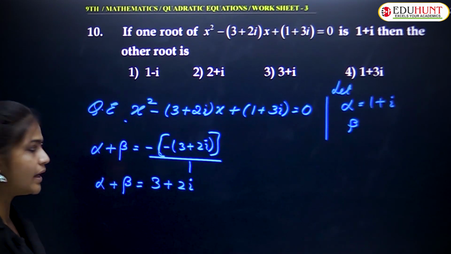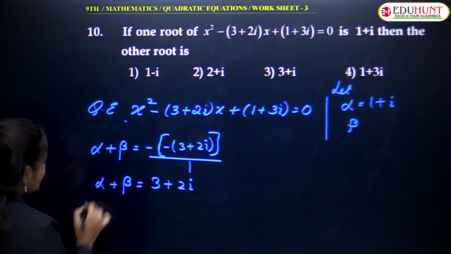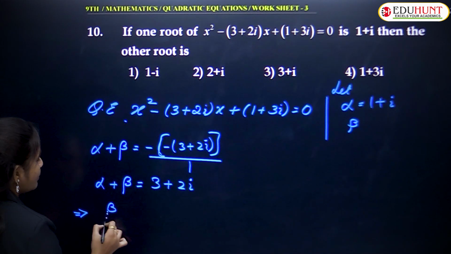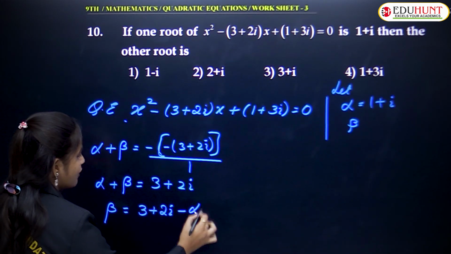From this, we already know that alpha is equal to 1 plus i, so substitute here: beta is equal to 3 plus 2i minus alpha, which is 1 plus i.